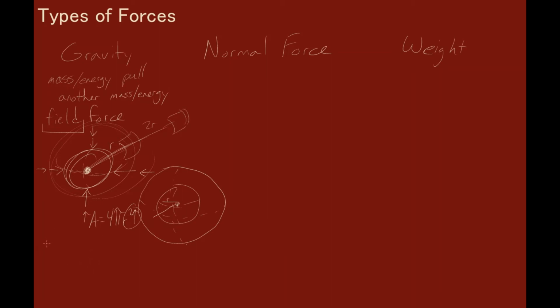And so according to Newton, with his universal law of gravitation, we get that the force of gravity is proportional to the product of the masses, pretend that's an m, and inversely proportional to the distance between their centers of mass squared.